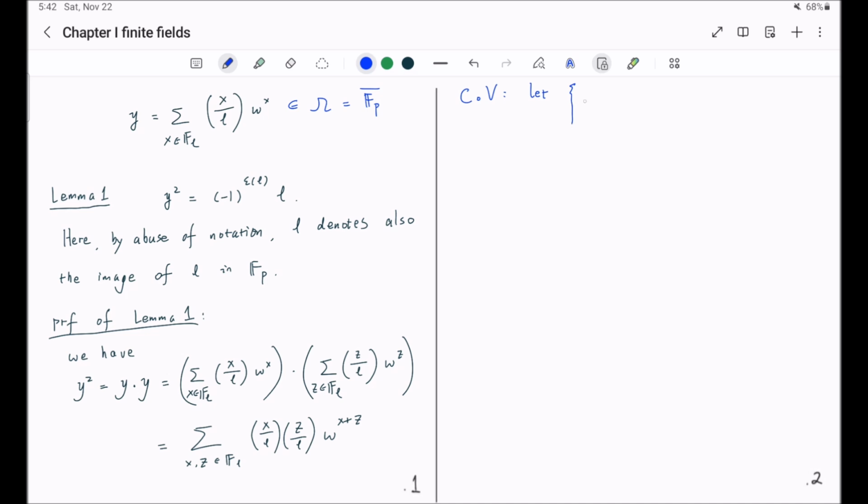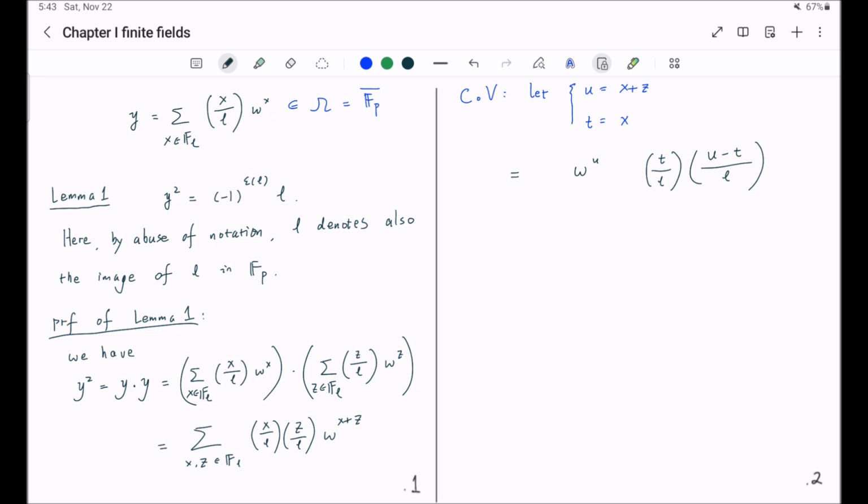We let u equal to x plus z and t equal to x. With this change of variable, the sum becomes omega to the power u, and this x is replaced by t, and z is replaced by u minus x, which is u minus t. And here, we sum over all possible choices for u and t in FL.